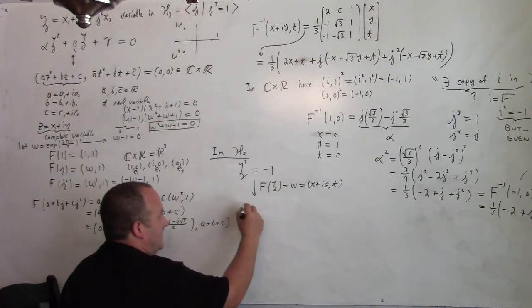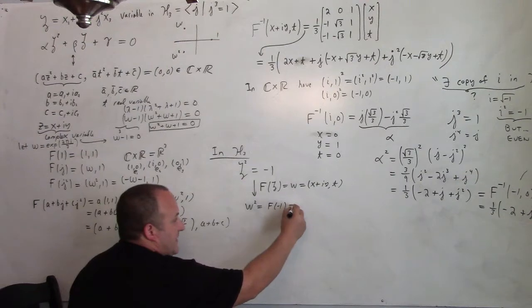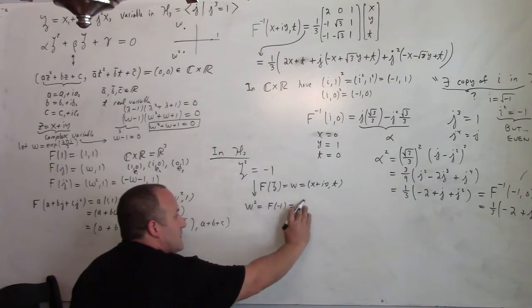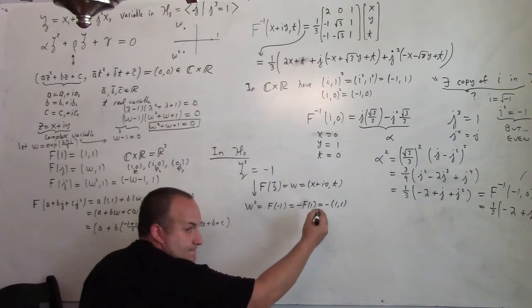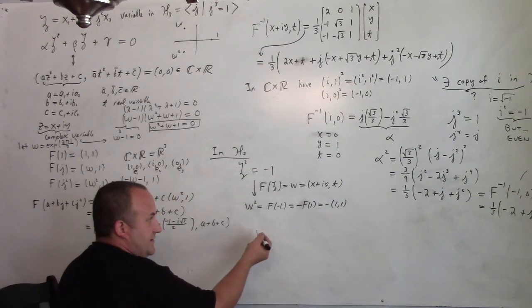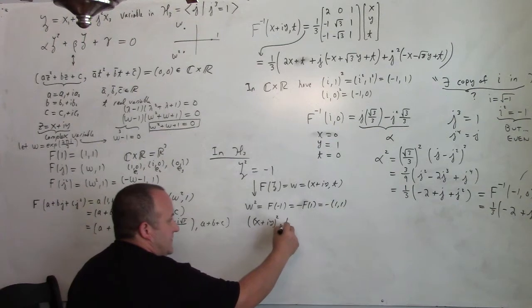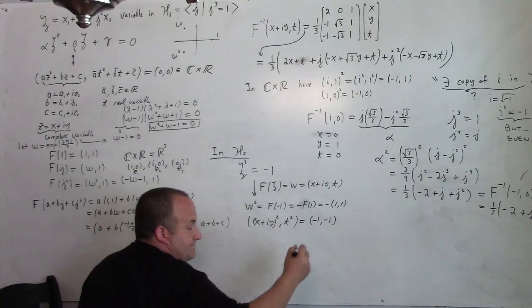So can we solve W squared equal to F of -1? F of -1, minus F one is minus, very good. Perfect. Sorry, I was about to get this out, but you're absolutely right. Which is -1. And so what this really is: can we solve the equation x plus iy squared comma t squared equal to -1?